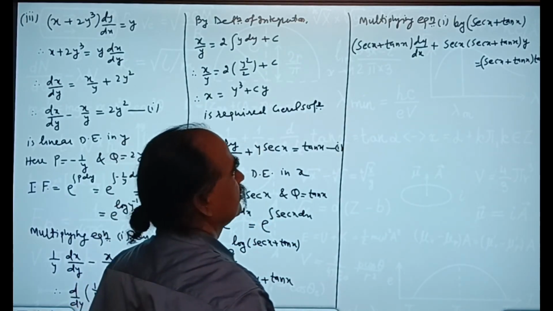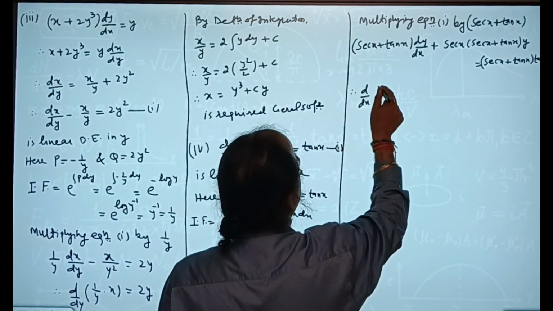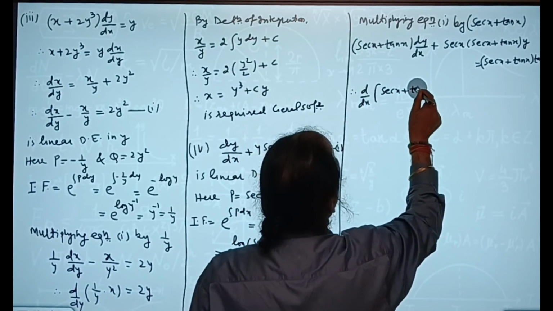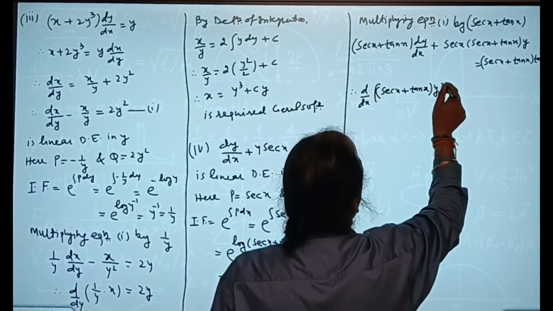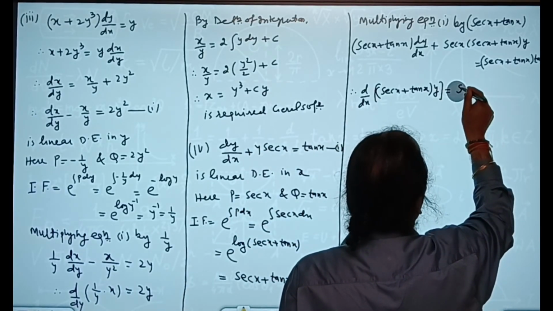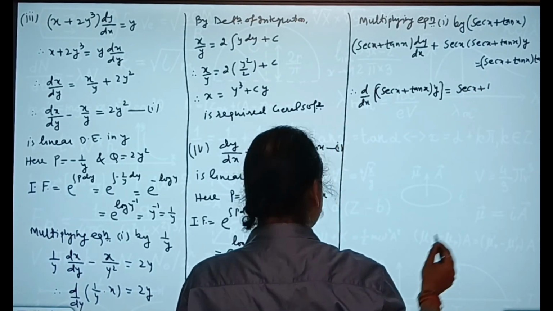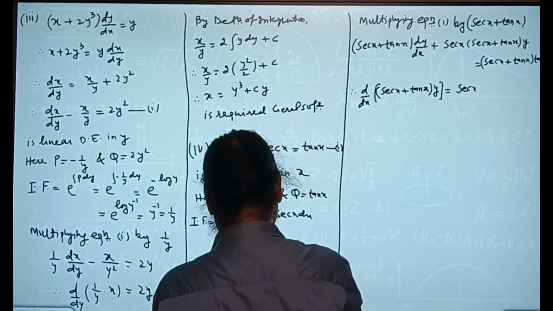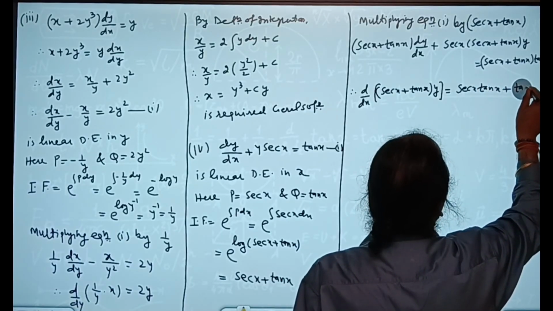Now left hand side is what? d/dx of (sec x + tan x) into y is equal to sec x tan x + tan² x.